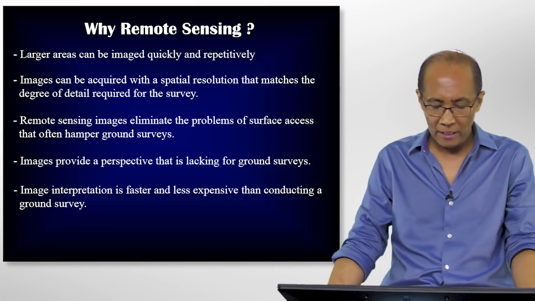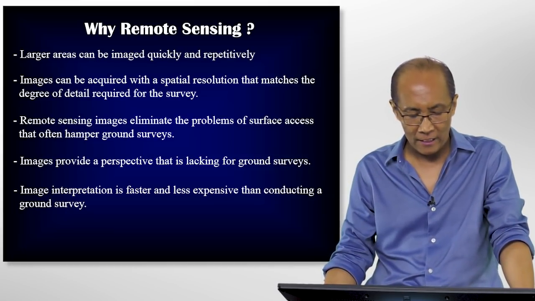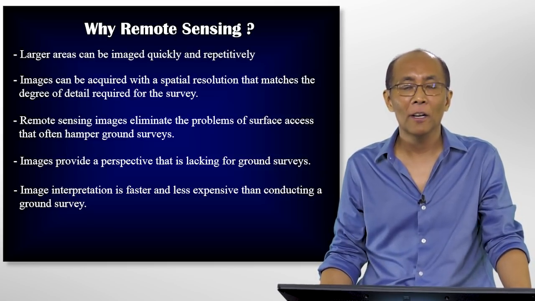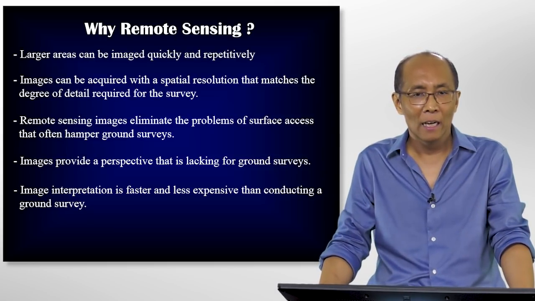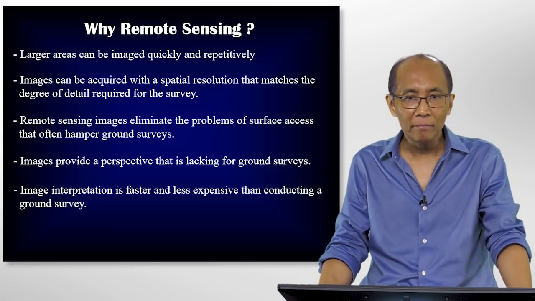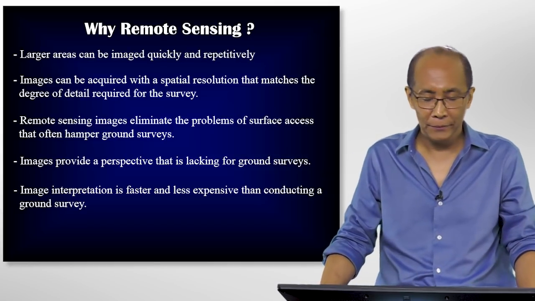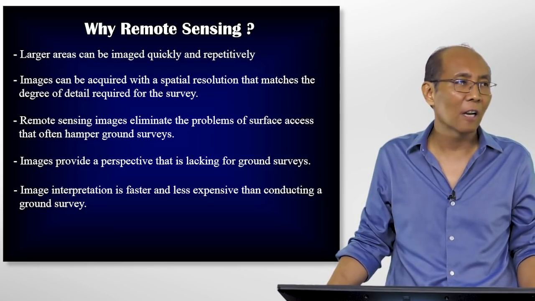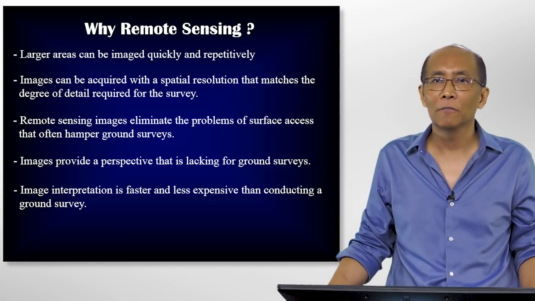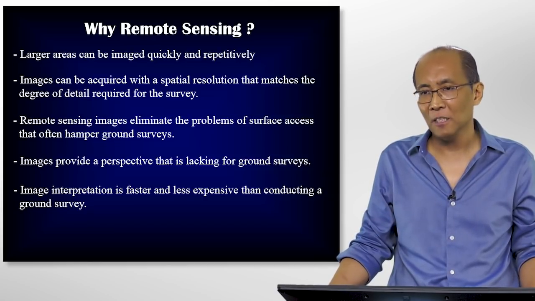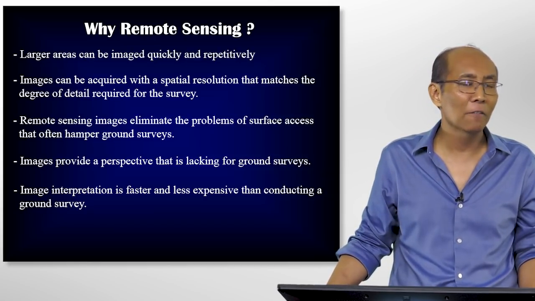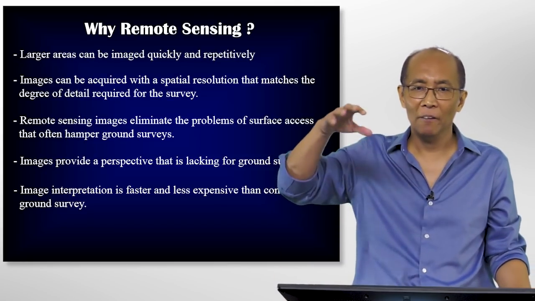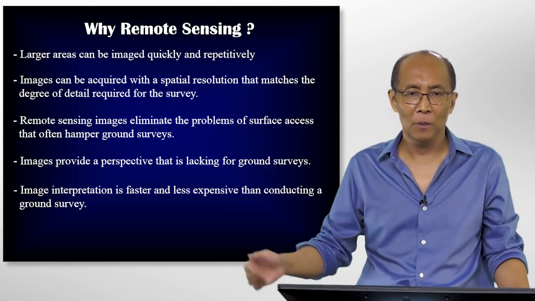And image interpretation is faster and less expensive than conducting a ground survey, right? So if you would like to have a forest survey for the entire state of Michigan, for example, you will need to employ hundreds of thousands of survey crews and forest rangers and forest officers and inventory experts and inventory crews and take every measurement on the ground. That's not possible.